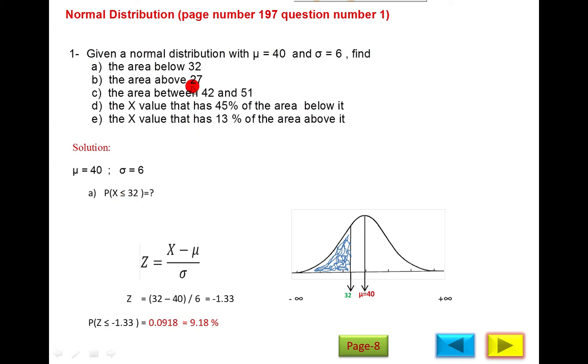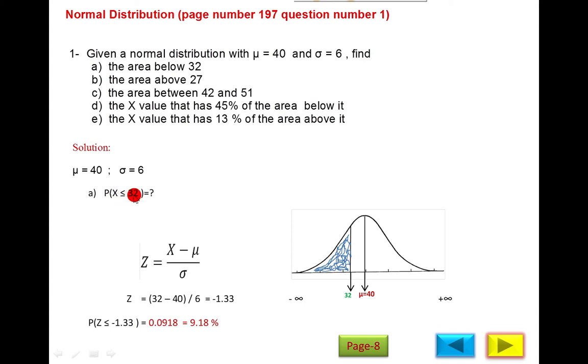In binomial and Poisson distribution, if the statement is below 32 it means up to 31, from 0 to 31. But in normal distribution, area below 32, x less than 32 or x less than or equal to 32, both are the same. Why? Because the variable is continuous.